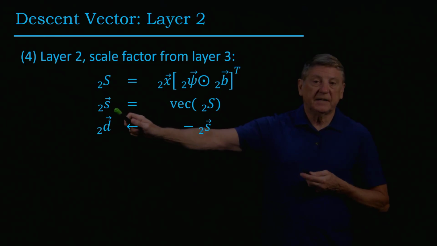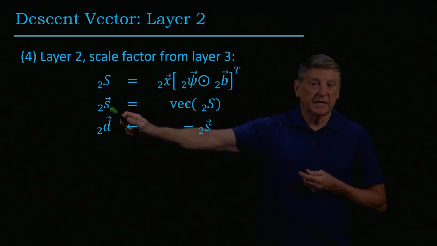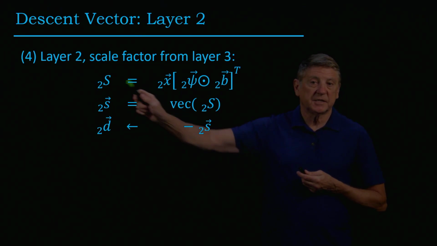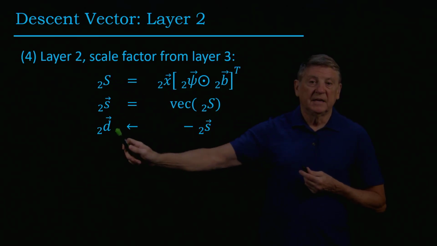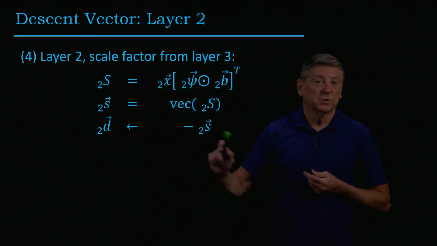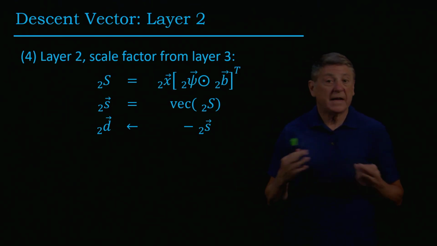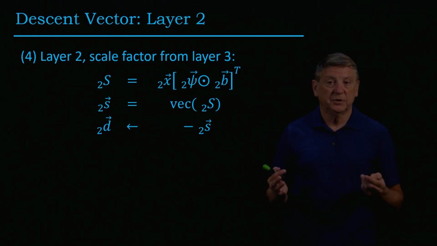The single vector that represents the steepest direction is just the vectorization of this matrix, and then the descent vector is, we negate that. So that is all really that we have to do.